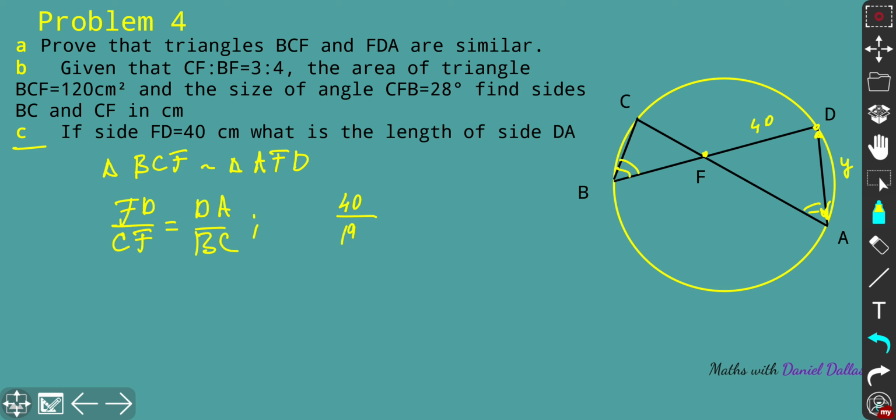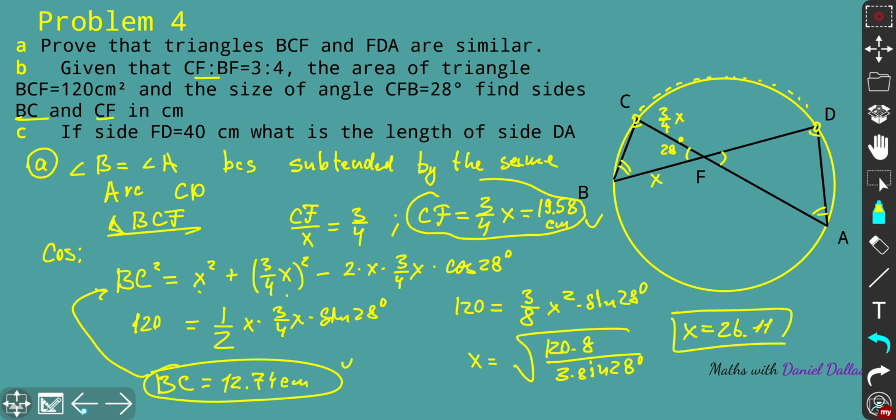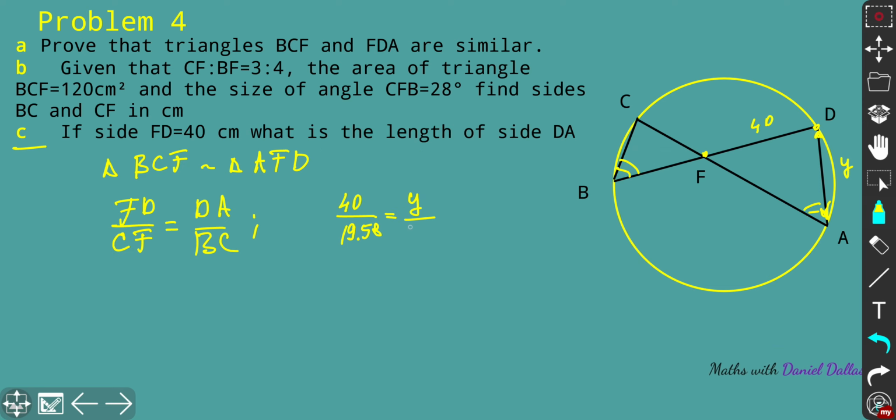On the right side, DA is y over BC, which we also found. BC is 12.74. All right, so from there we can express y.